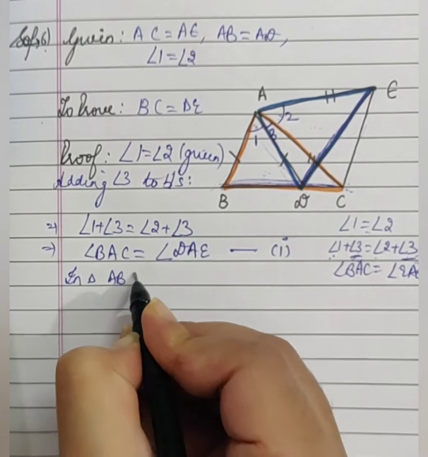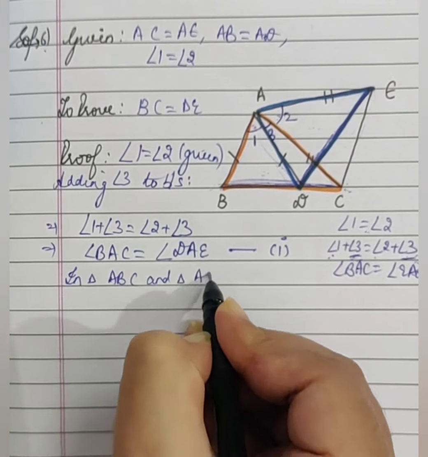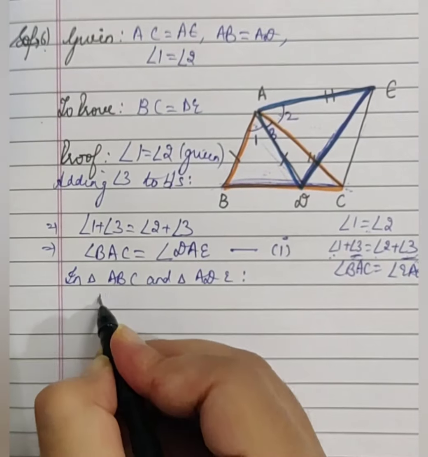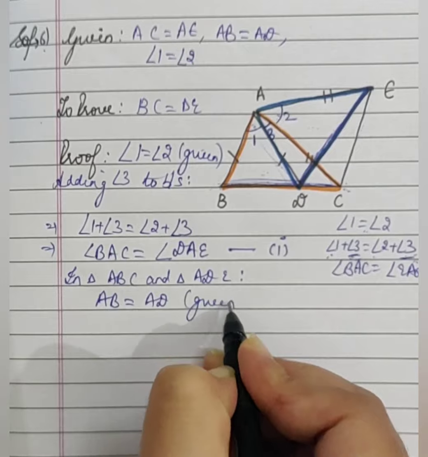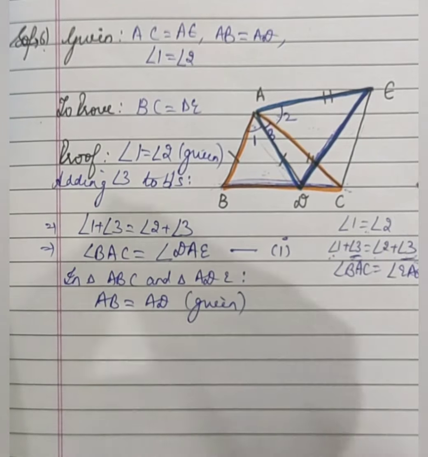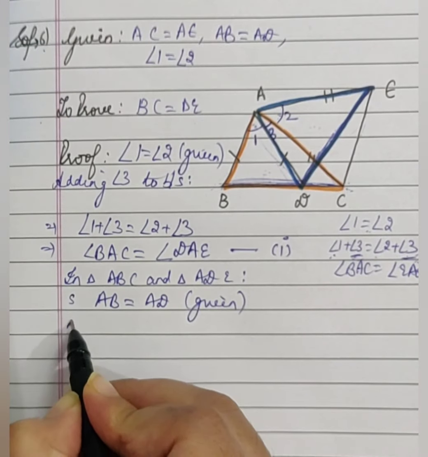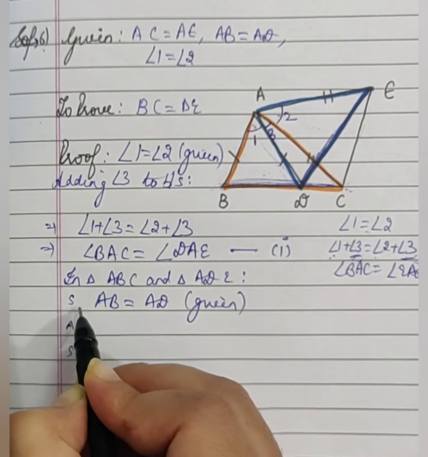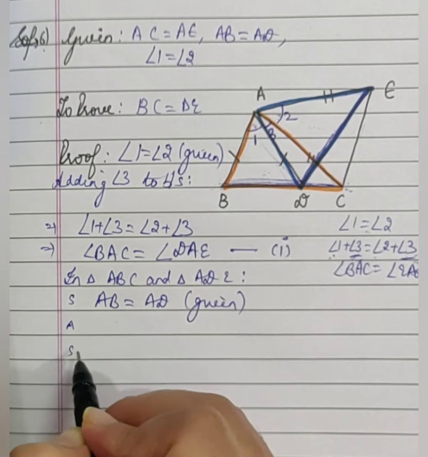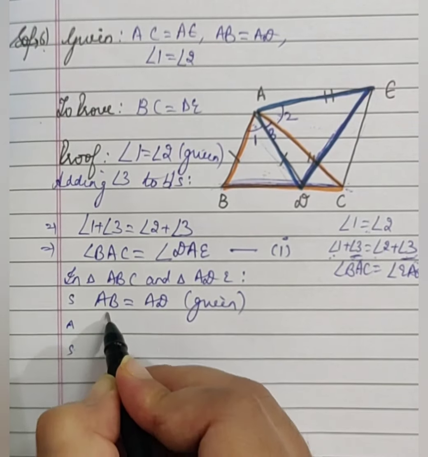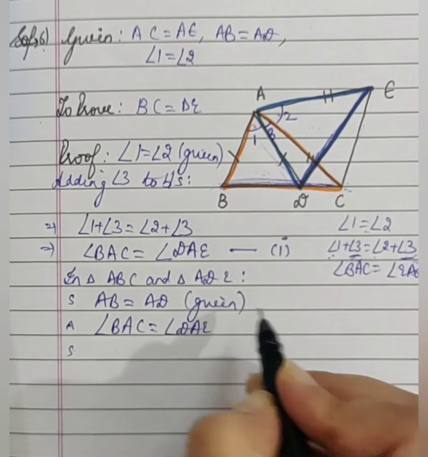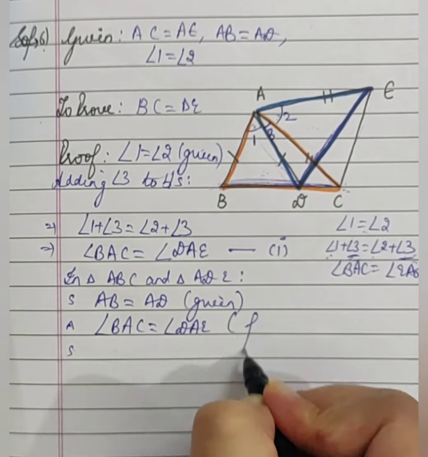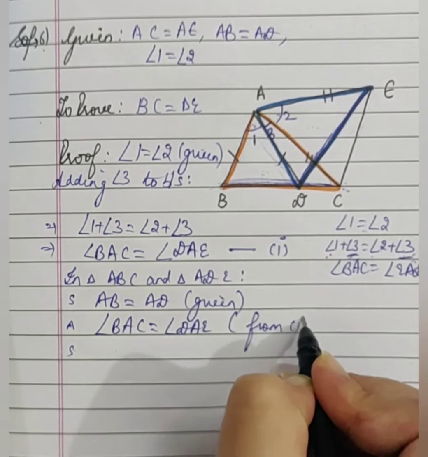In triangle ABC and triangle ADE, AB is equal to AD. It's given. First of all, we need to keep in mind what congruence rule we are going to use. We are actually going to use side angle side. We know this thing. So first write the side condition, then the angle condition, then the side condition. Angle BAC is equal to angle DAE. You can write the reason: proved above, or from 1.